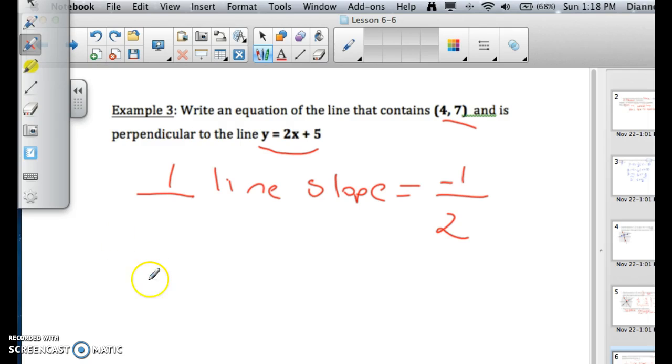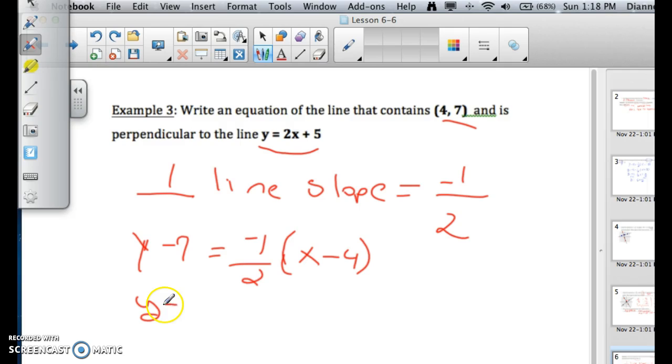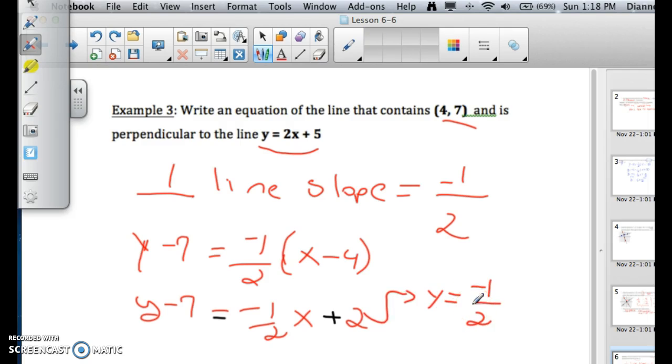A great formula to use is point-slope. y minus 7 equals -1/2 times the quantity x minus 4. So I simplify this, y minus 7 equals -1/2 x plus 2. So the final equation in slope-intercept form is y equals -1/2 x plus 9.